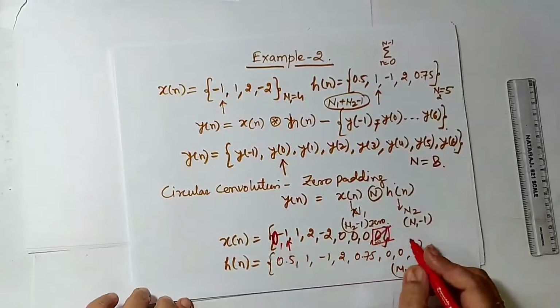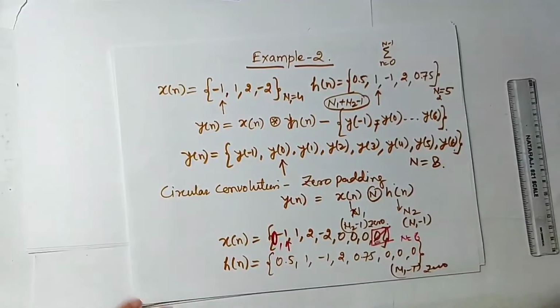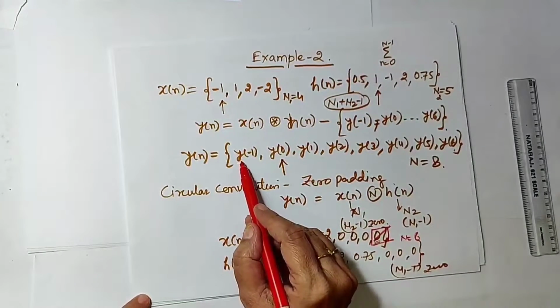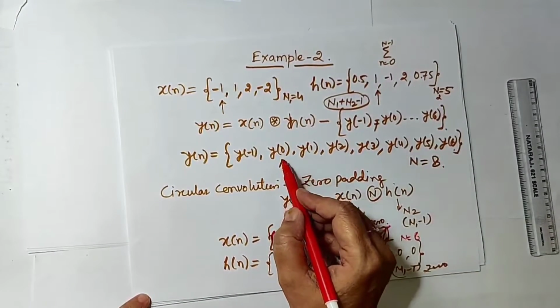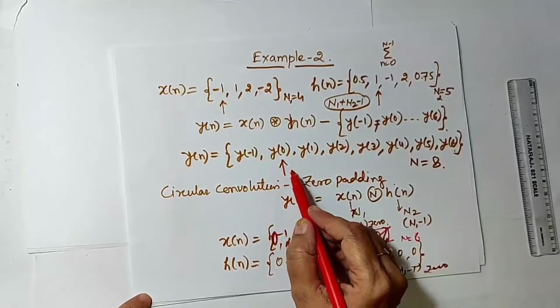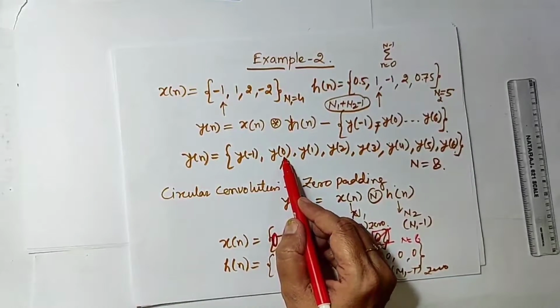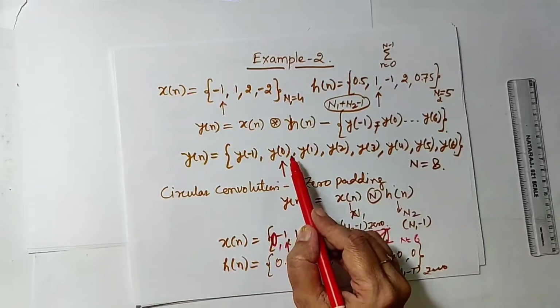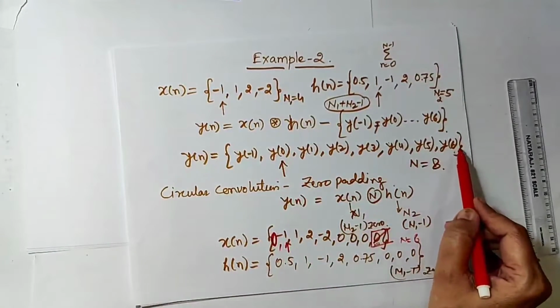So there will be no change in the length, but we have managed it so that our response will be starting from minus 1 to 6. For the circular convolution condition, the length from the origin should be from y0 to y6.